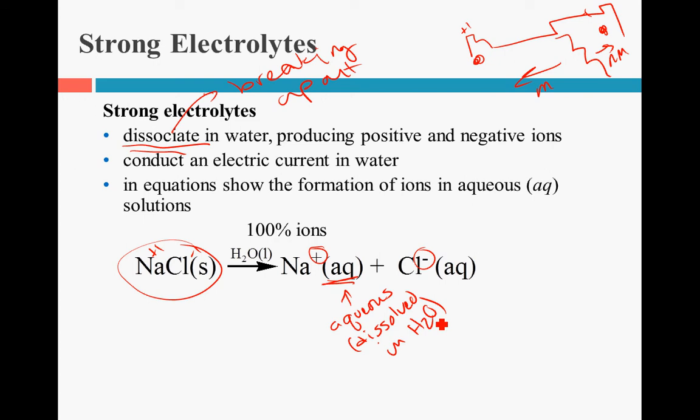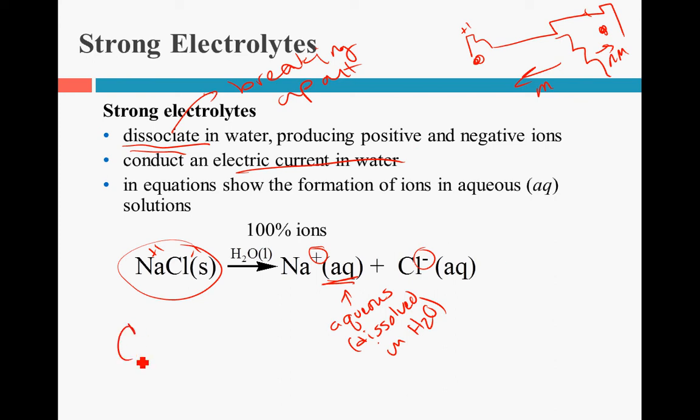Okay, so you'll notice that it's a +1 and a -1. Those charges are now, because they're floating in water, able to move around, which then conducts electricity. Also notice that we have a +1 and -1, which means that they cancel out.